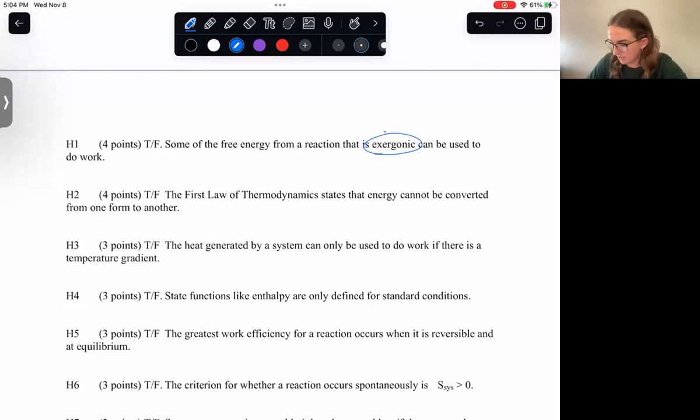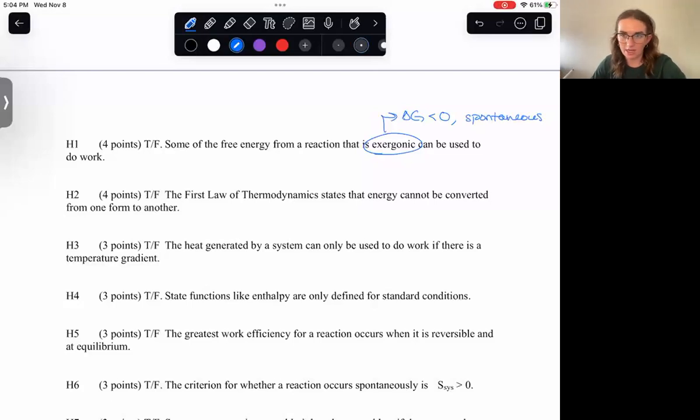Good. Yep, this means that delta G is less than 0, or this can mean that it is spontaneous. If delta G is negative, then we have a spontaneous reaction. So delta G is less than 0 when it's exergonic.